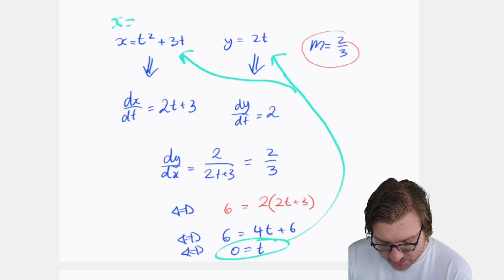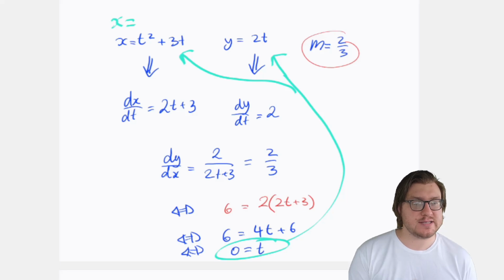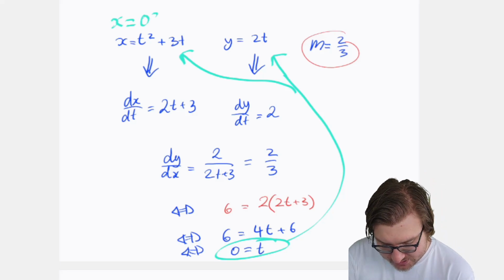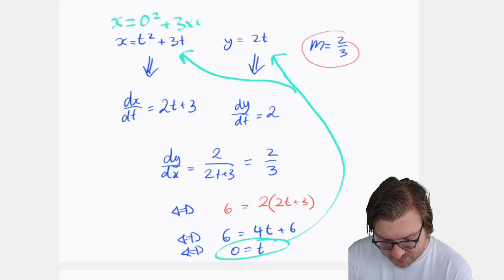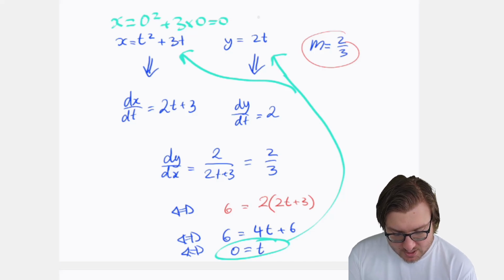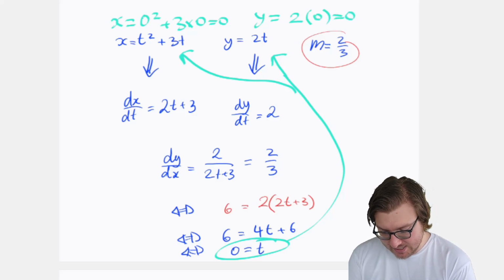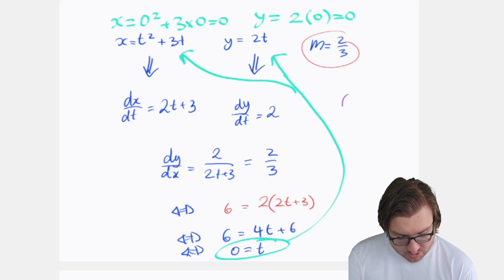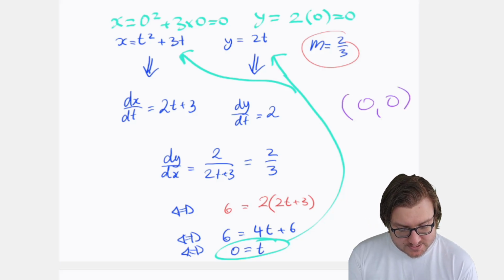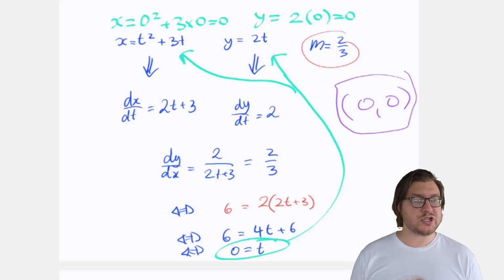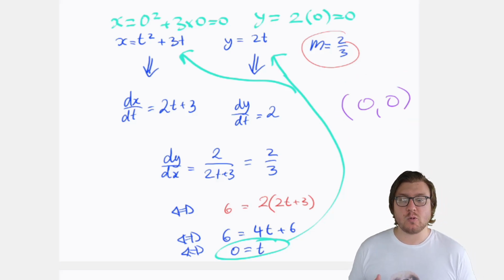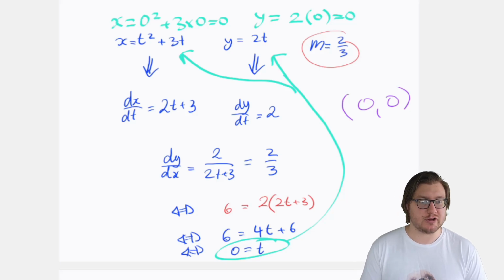Well, x would be substituting in 0 for t, which is 0 squared plus 3 times 0, which is 0. And for y, 2 times 0, which is 0. So the final answer would be to write down your coordinates 0, 0, which is the coordinates at which we have the gradient 2 over 3.